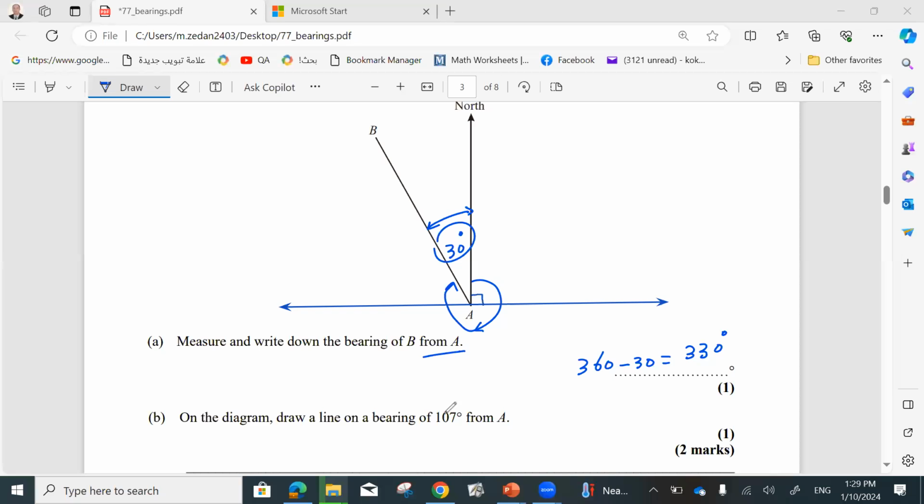I want to measure a bearing of 107. You locate the protractor approximately at 107 in this way, such that this angle must be 107. So put the 0 of the protractor here at north, find 107, mark the point here, and then draw the line. Okay?